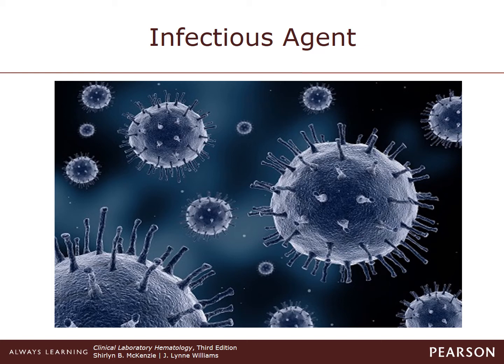A lot of the infectious agents are infectious mononucleosis, tuberculosis, and those causing hepatitis. Other viruses, Epstein-Barr or HIV, have been known to cause aplastic anemia. In patients with other types of hemolytic anemias, parvovirus can cause an aplastic crisis.